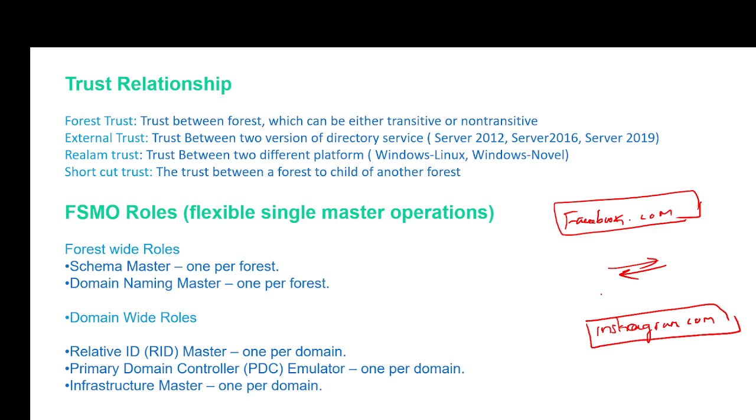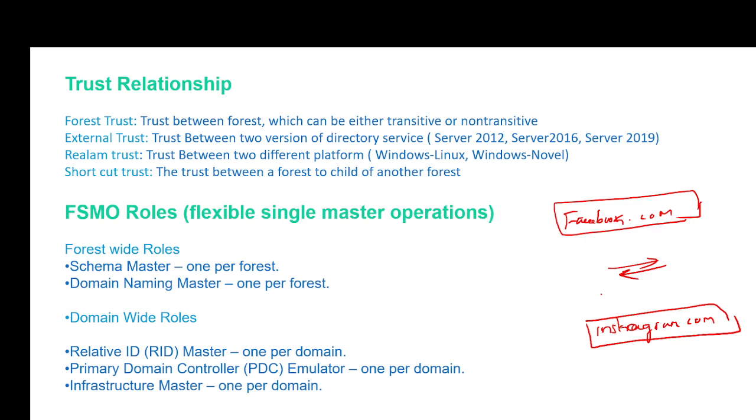One is forest trust. Here facebook.com is a different company, instagram.com is a different company, both managed by different people. Since we have acquired the company, we have enabled the trust between both. And you see they are transitive or non-transitive.